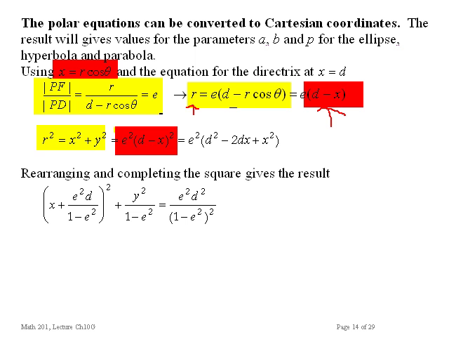Now I have x squared plus y squared equals e squared times quantity d minus x quantity squared. Now I have no more r's and thetas. I've eliminated the r and theta, so now I'm in Cartesian coordinates.